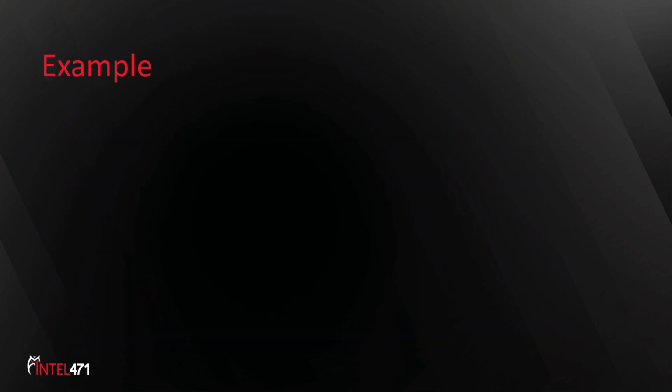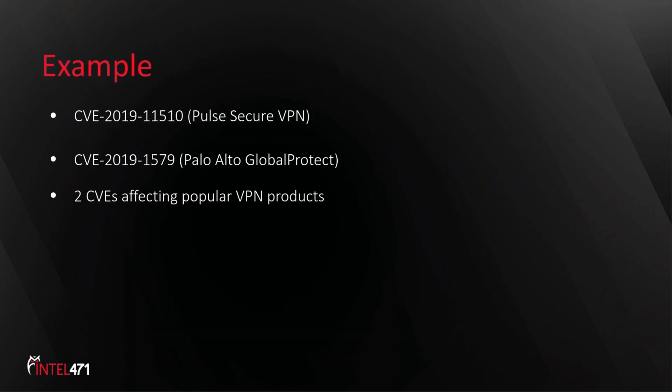So we can use a couple of examples, and these are older examples, by the way, but tracking activity in the underground actually is a really reliable predictor of things happening. These are a couple of CVEs, or common vulnerabilities, affecting popular VPN products, Pulse Secure VPN and Palo Alto. They dated from 2019.